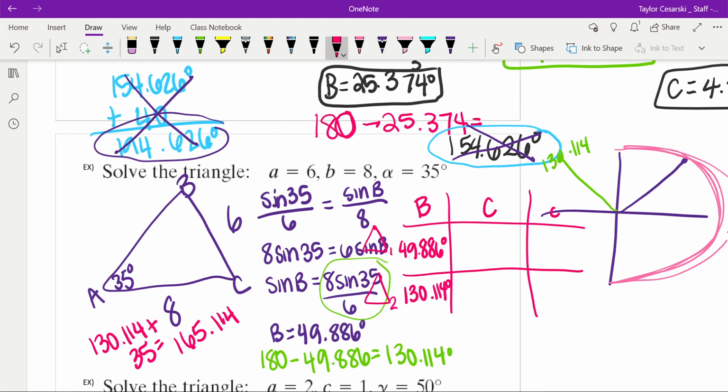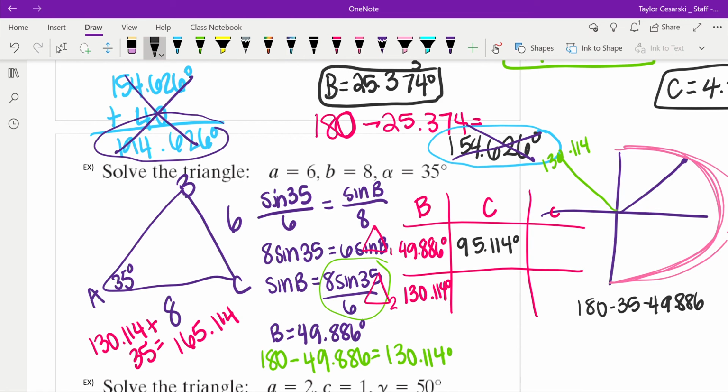Now, depending on what angle B is, that will change the outcome of angle C. So let's find angle C for my first triangle. So angle C for my first triangle is going to be 180 minus 35 minus 49.886. And that will be 95.114 degrees.